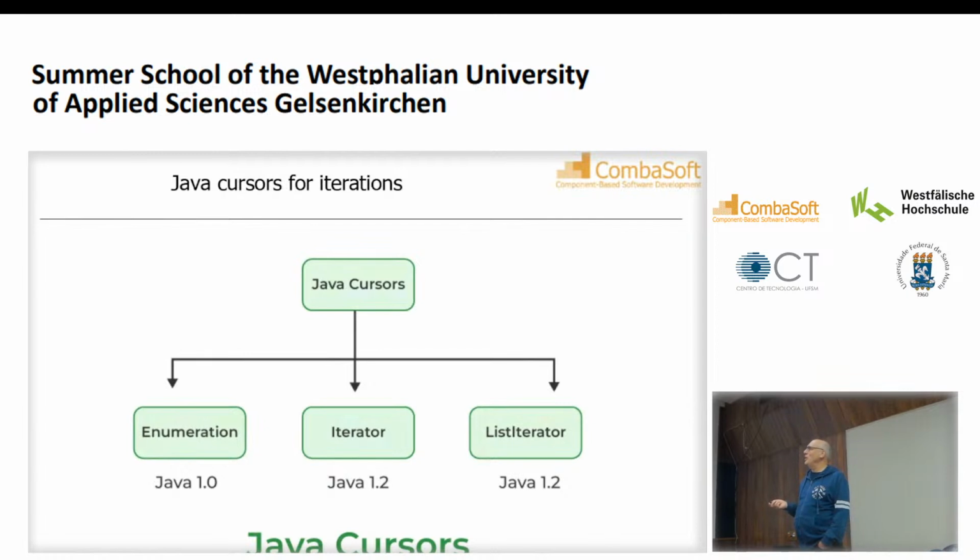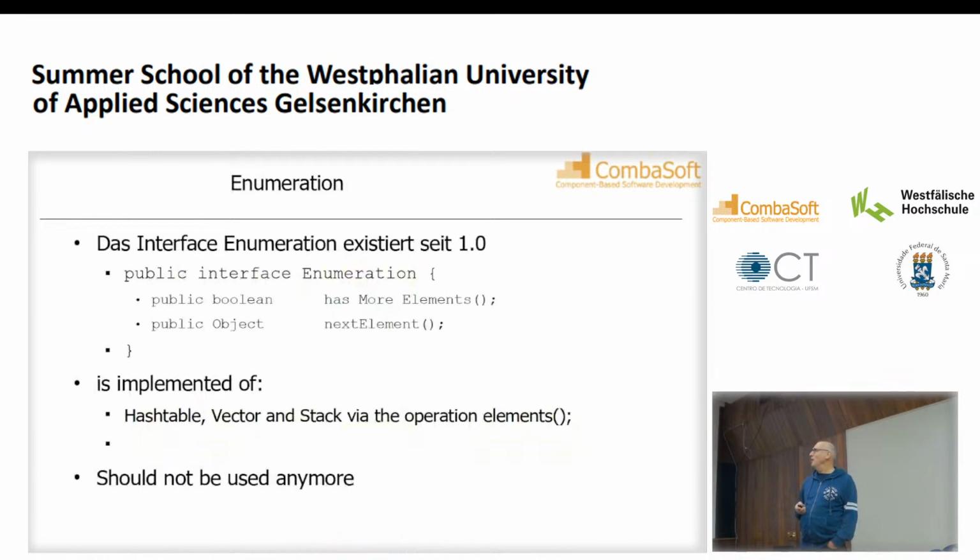So in Java 1.2, they implemented this iterator and also the list iterator operation. We look at this one because this is already available, it's already good, and it's working. And it's not deprecated. You cannot expect that it's, you know, the word deprecated. They kick things out of them. So you have to be careful if you do things like that, because your system has to be modified. They really kick it out.